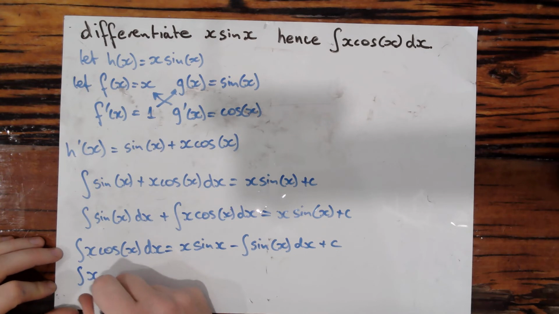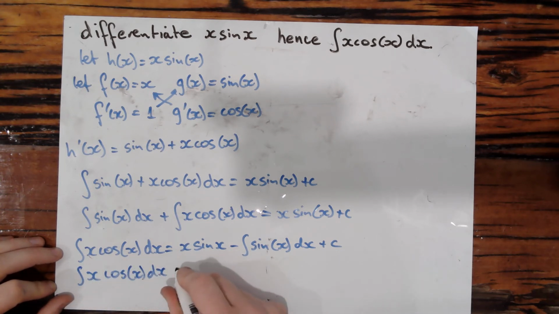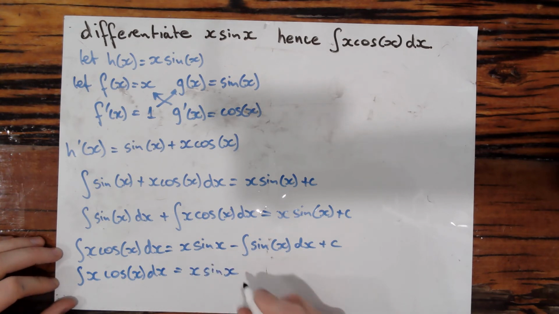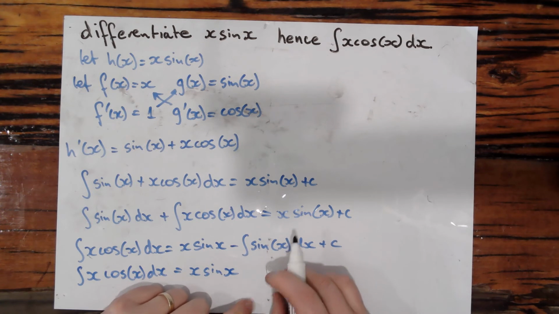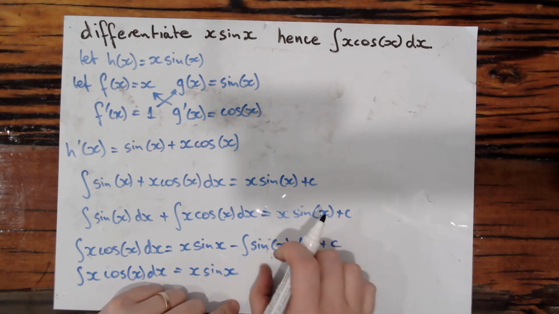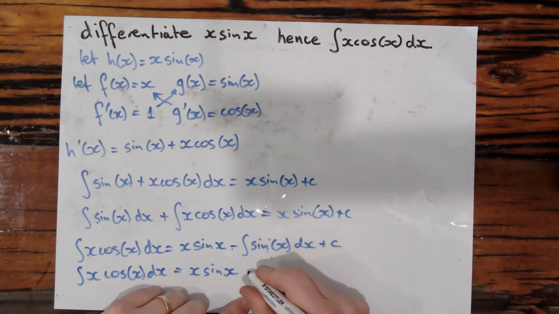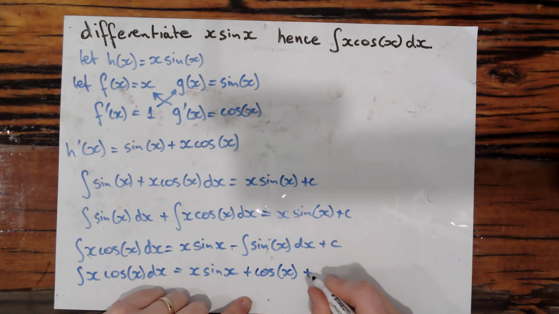So our x cos x, which is what we need, equals x sine x. The antiderivative of sine is negative cos, so a negative take a negative is a positive, so we're going to get plus cos of x plus c.